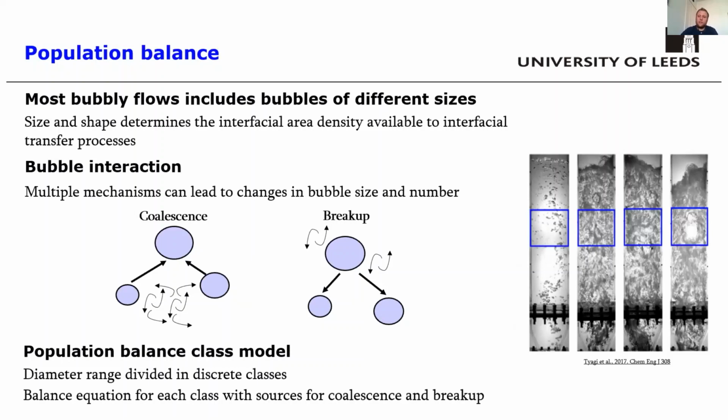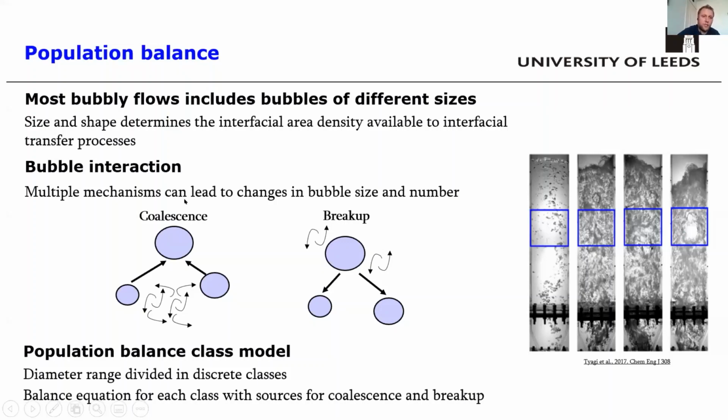An additional thing: before, we have considered a constant bubble diameter. In this case, bubbles that detach from the wall are very small, and then they tend to grow in the liquid phase because of interaction with other bubbles, and so mainly coalescence. So bubbles collide with each other and coalesce and become bigger. The opposite can also happen, mainly due to turbulence. So a large bubble can break up and divide in two.